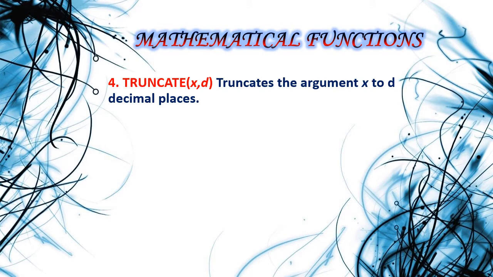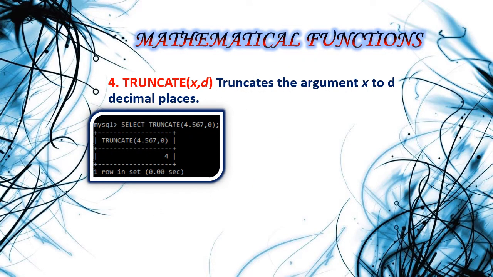TRUNCATE truncates the argument x to d decimal places. What's the difference between round and truncate? Round, if the value is 5 or above, adds 1 to the previous value, but truncate will not add 1. It will just skip the value.